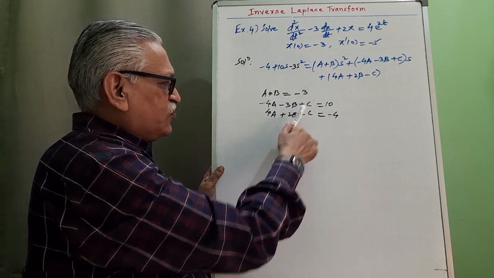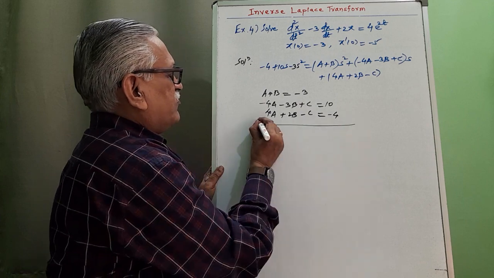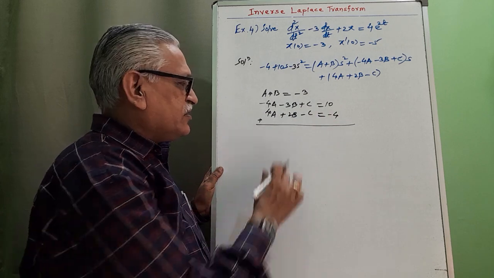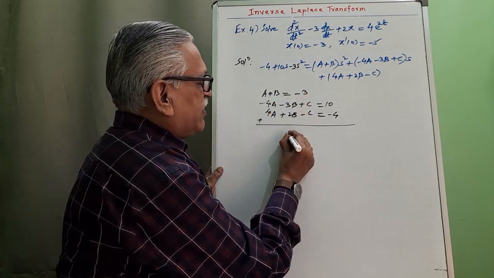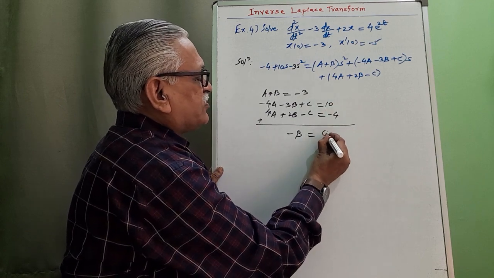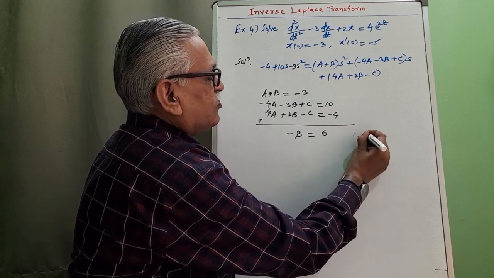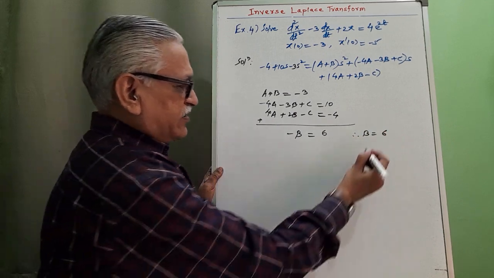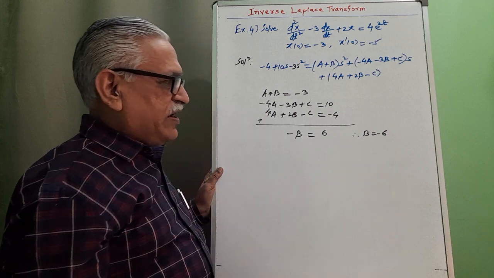If you add these two equations, plus 4a minus 4a get cancelled, plus c minus c get cancelled, 2b minus 3b we get minus b, as 10 minus 4 we get 6, and therefore we get the value of b as minus 6.